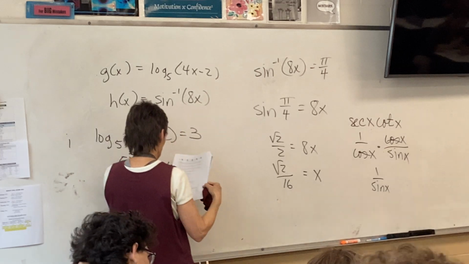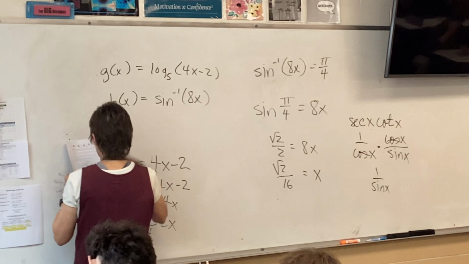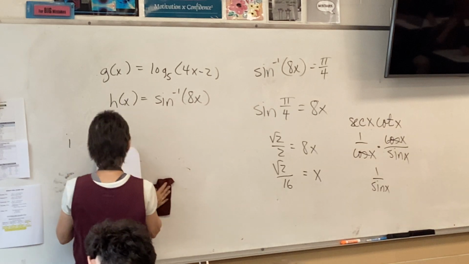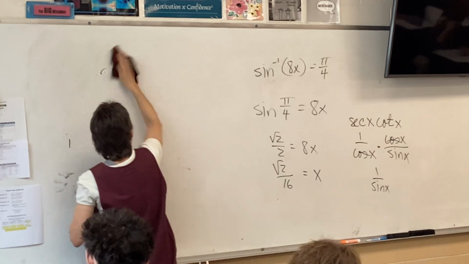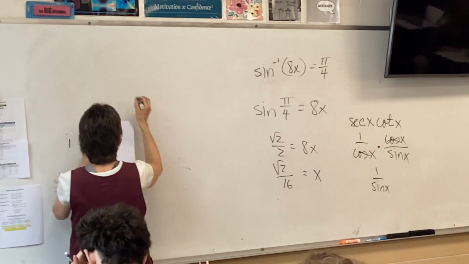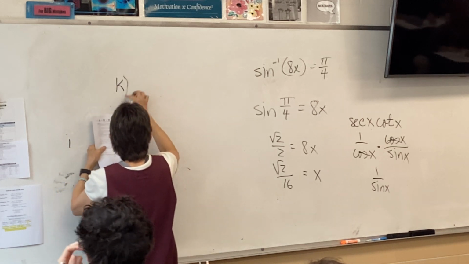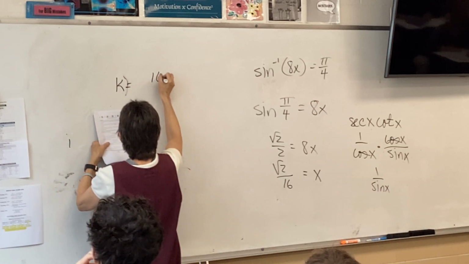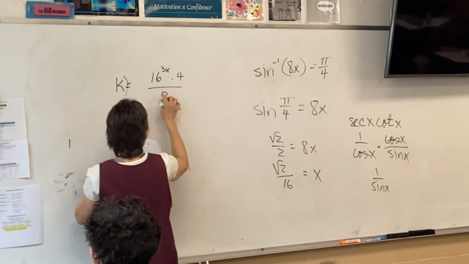All right, rewrite K as a power of 4. Okay, this one, you can do this. Here's K: 16 to the 3x times 4 over 2.